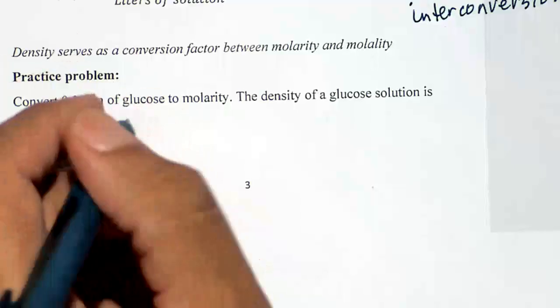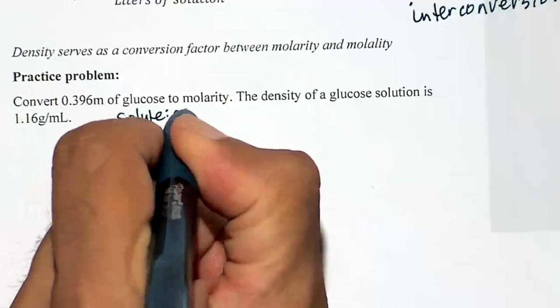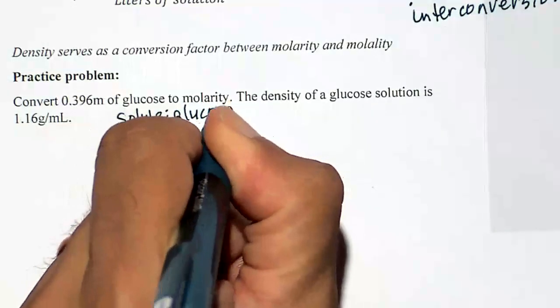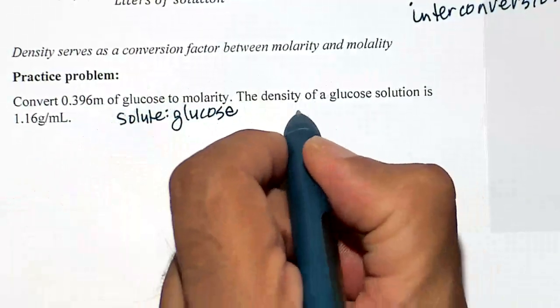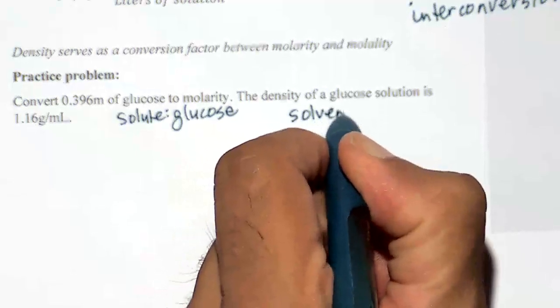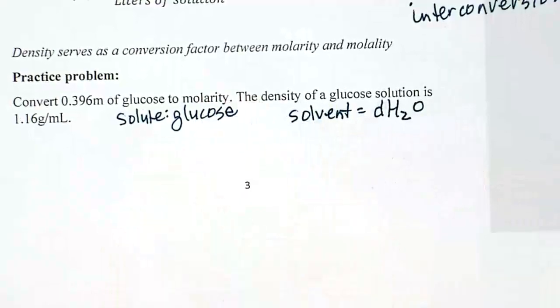Well, first of all, what is our solute? Glucose. And what is our solvent? We can assume it's water. 99% of the time it will be water unless the problem tells you otherwise. So we'll just assume the solvent is distilled water.